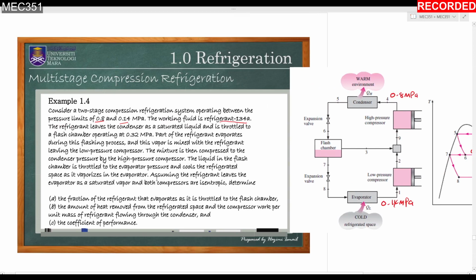Okay, and then assume the refrigerant leaves the evaporator as a saturated vapor and both compressors are isentropic. So this is important information.